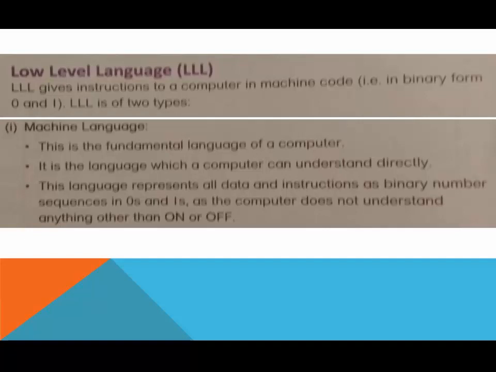Here, on is 1, off is 0. Computer understands only zeros and 1. So, machine language is the simplest form of language. That is why it is categorized as a low-level language, and it gives instructions to the computer in sequences of zeros and 1.